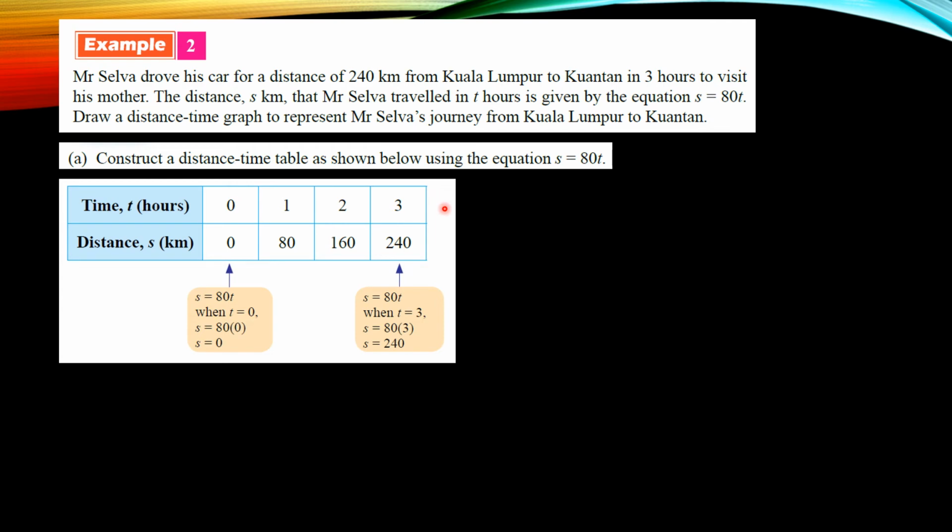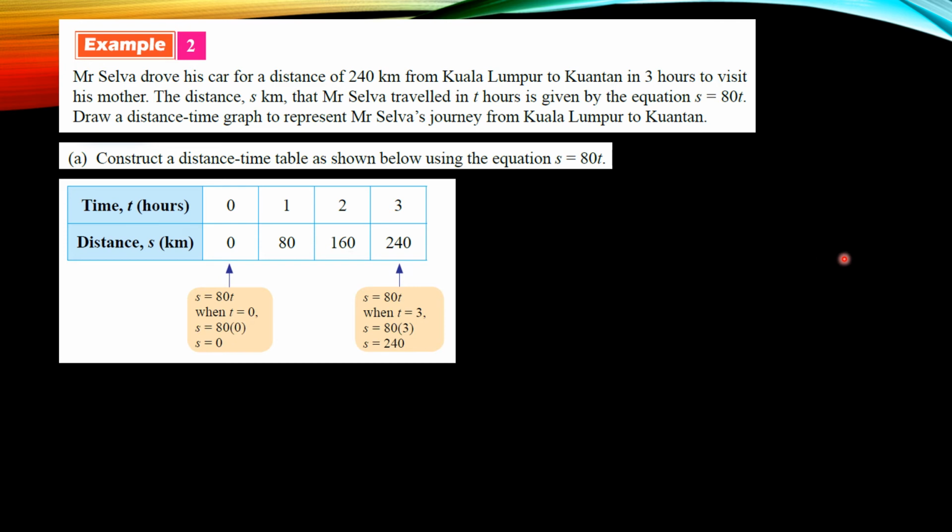No need to find t equals 4, 5, 6 and so on. Then of course, start at 0. When time is 0, distance is also 0. When t equals 1, 80 times 1, 80. Substitute into the equation S equals 80t. Then when t equals 2, 80 times 2, 160.